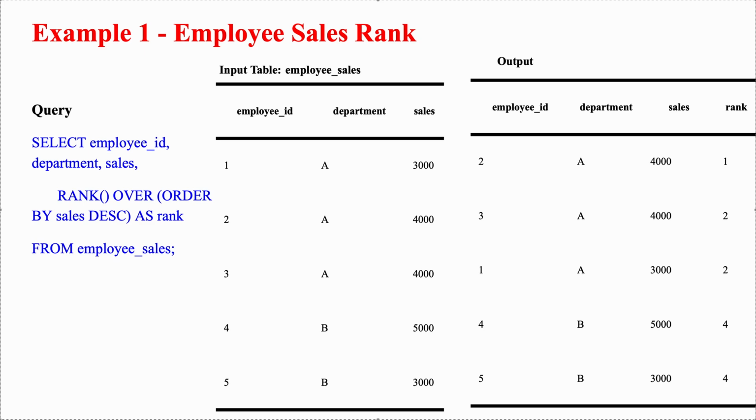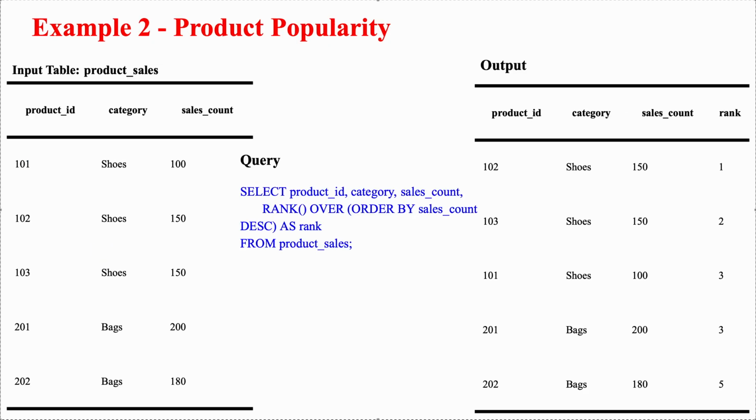Let's say we are testing a report that ranks employees by their sales. We use rank over order by sales descending to rank from highest sales down. If two employees have the same sales, they get the same rank and a gap appears after the tie. This is a very common pattern in business ranking logic.